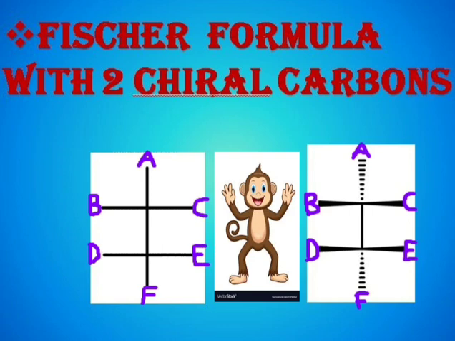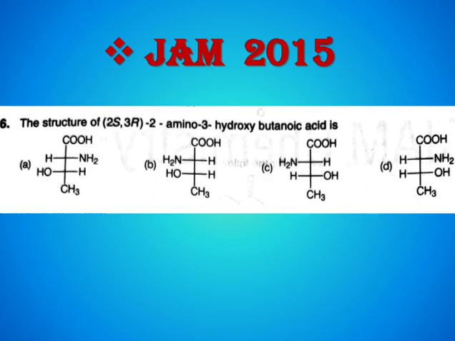Let us understand this also with some examples so that we have a better insight of the topic. This is again from the same examination, JAM 2015 paper. The question asked was: the structure of 2S, 3R, 2-amino, 3-hydroxy butanoic acid is.